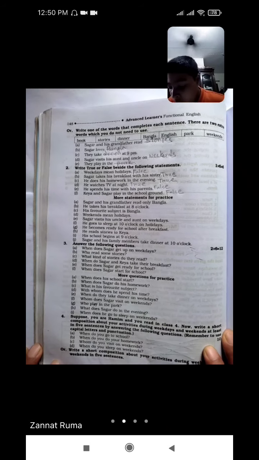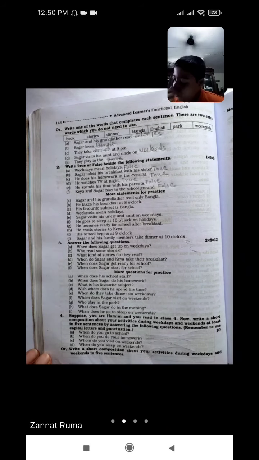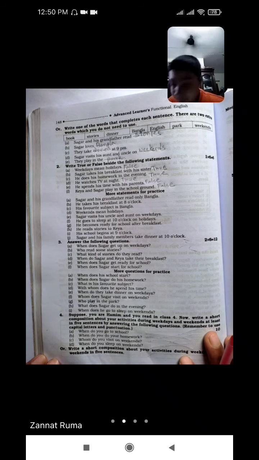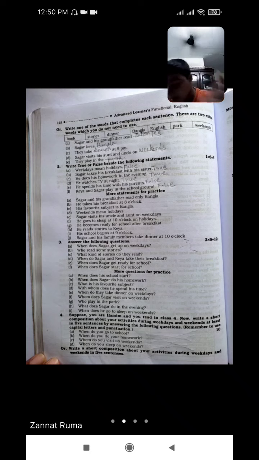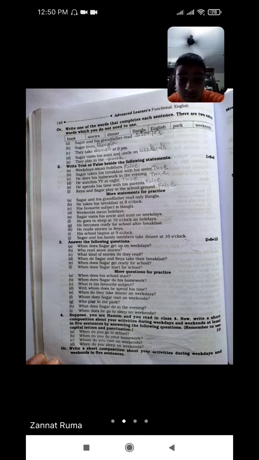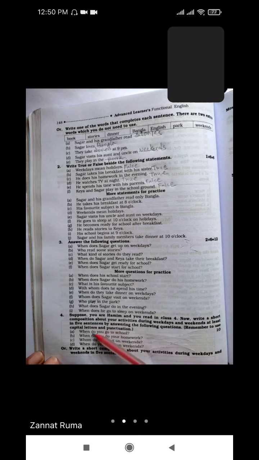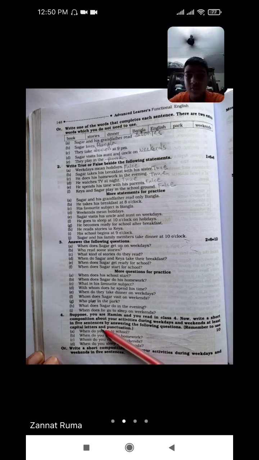You will write your daily activities. It will be a short composition. You will write at least 5 sentences, but you can write more than 5 sentences, 6, 7, 8. But you have to write at least 5 sentences. Okay? You will take answers from these questions.